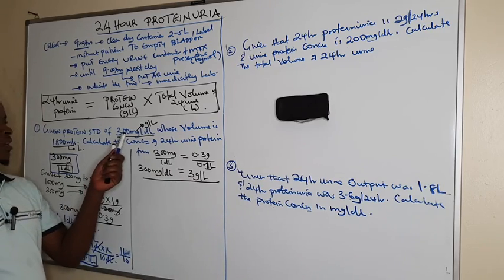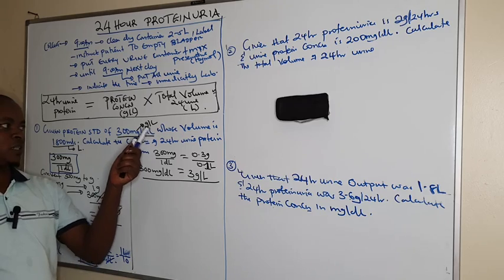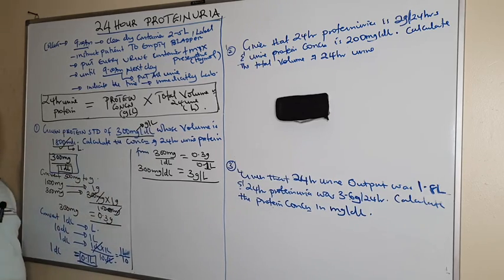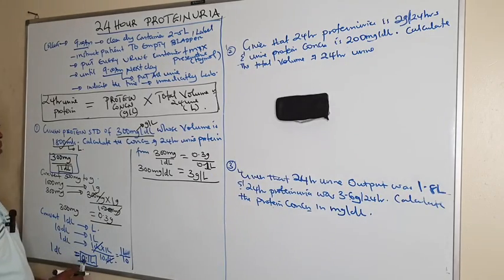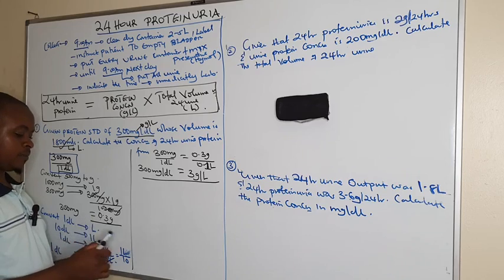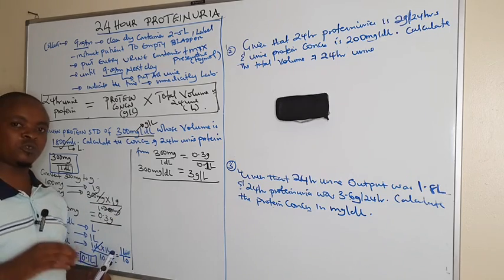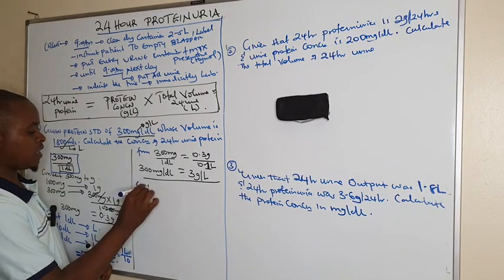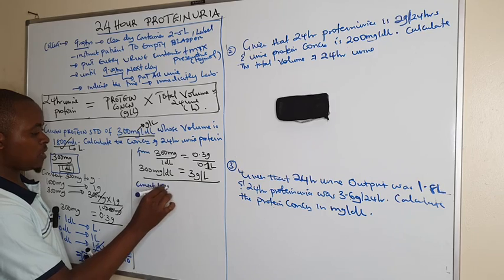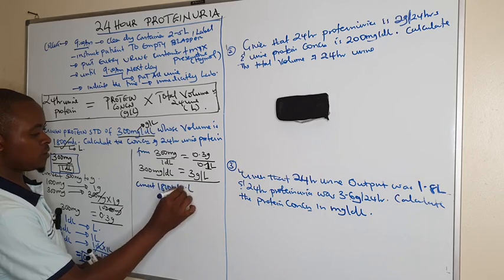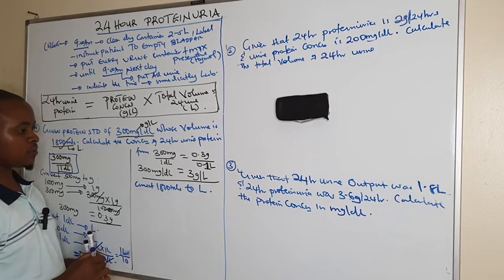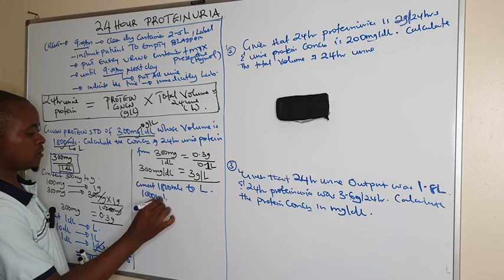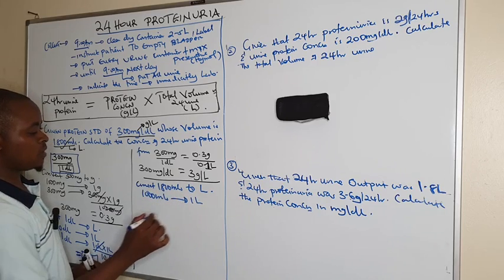So after converting 300 milligrams per deciliter to grams per liter, now we are also required to convert 1,800 mils to liters, because the volume should be in liters. We know that 1,000 mils is equivalent to 1 liter.